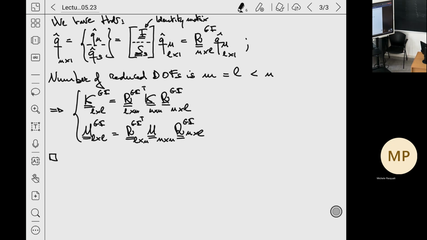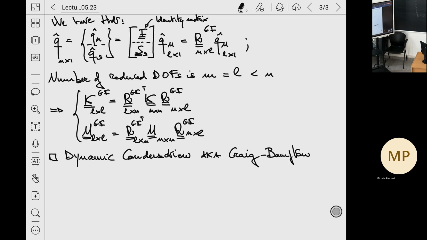Aka the Craig-Bampton method. Okay. Now, it's actually quite straightforward if you think about it.